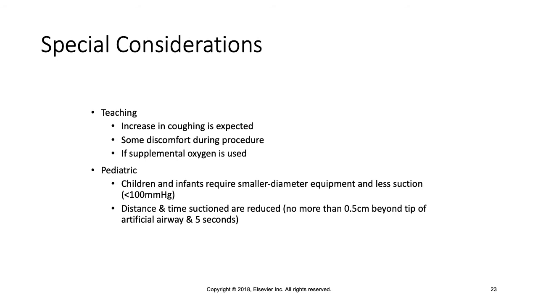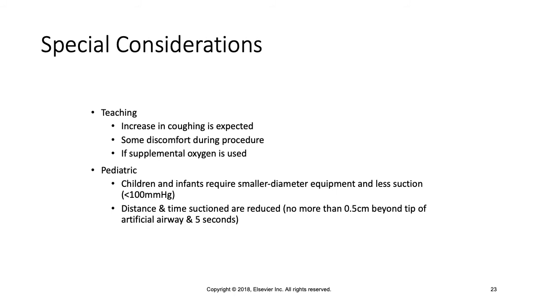Some patients are on supplemental oxygen, some are not. So let them know about your attempts to ensure appropriate oxygenation during the procedure. If it's a pediatric patient, you use a smaller diameter catheter and you use less suction.